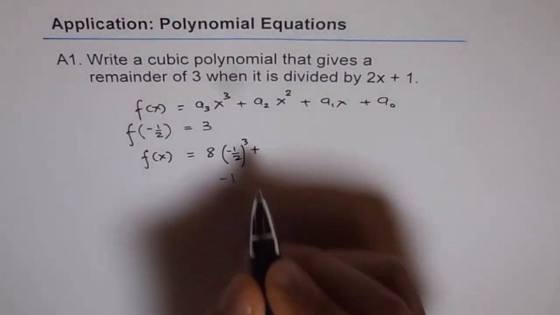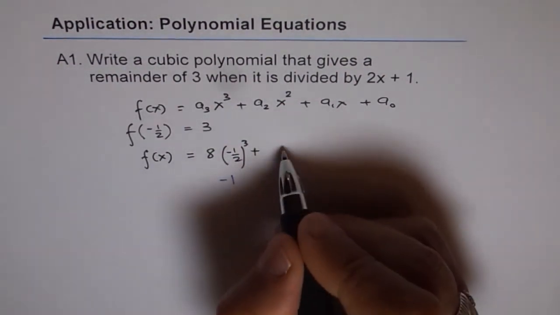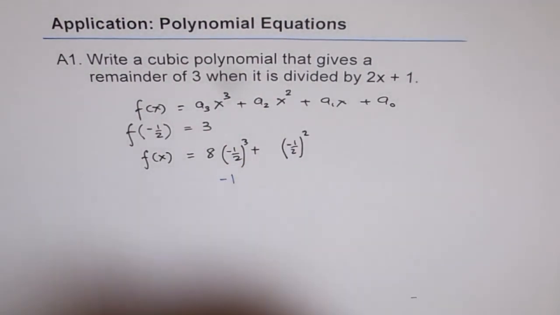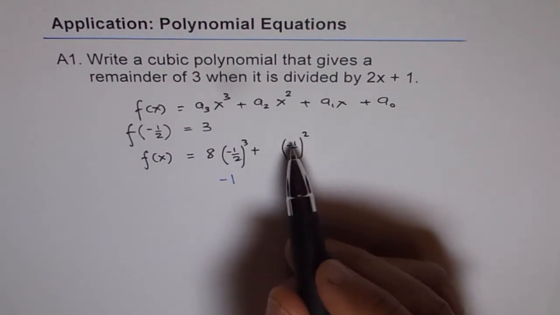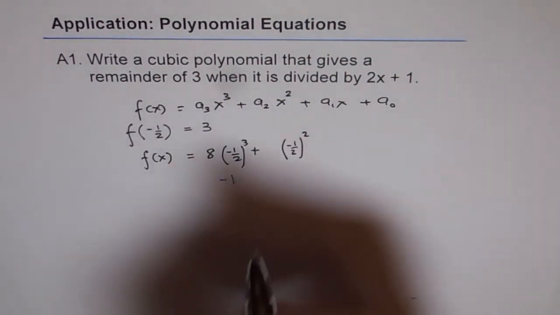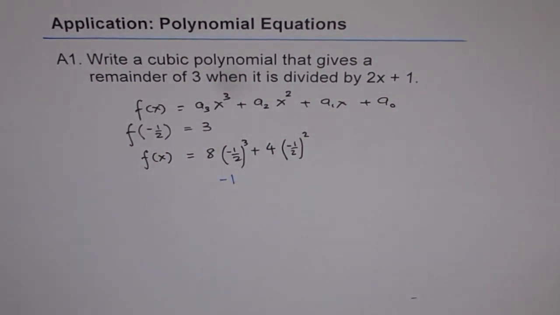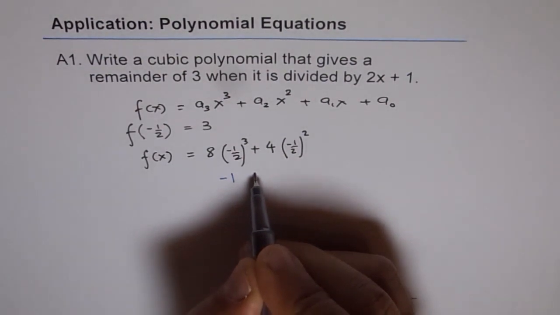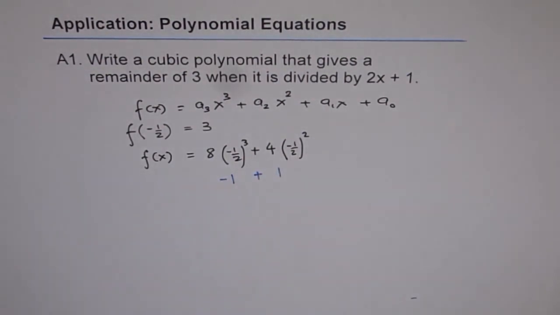Now plus, I have to plug minus half into x squared also. This is my minus half, and that's the square. When I do minus half squared, I get plus 1 over 4. Let me choose a2 as 4. So 1 over 4 times 4 will give me 1, right? Again I got plus 1.